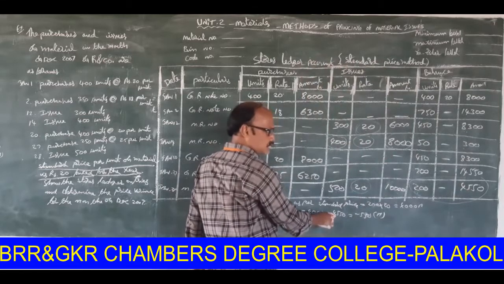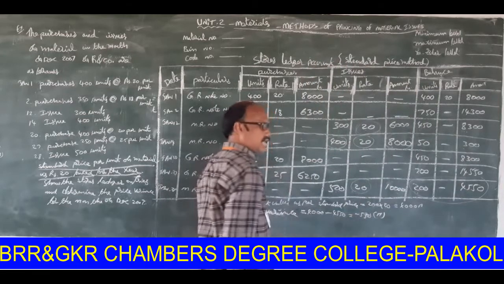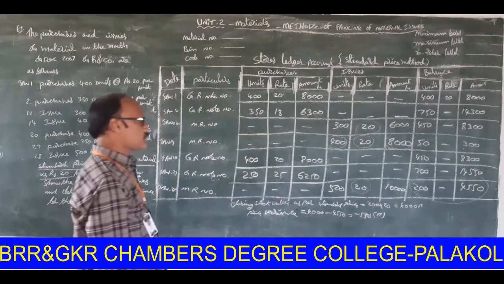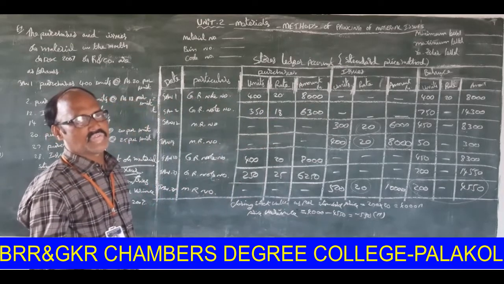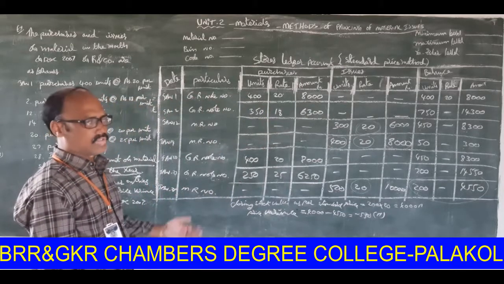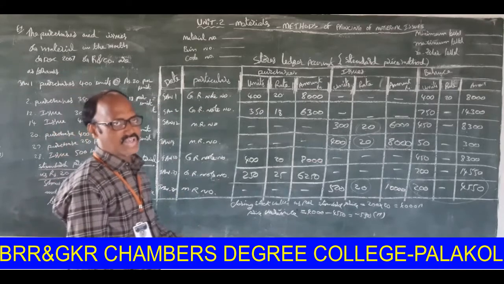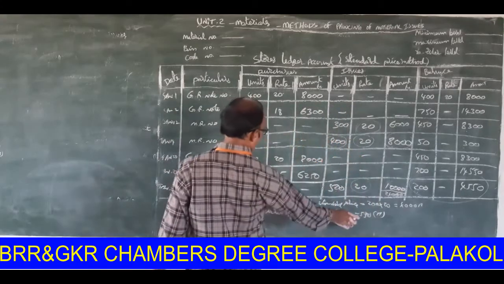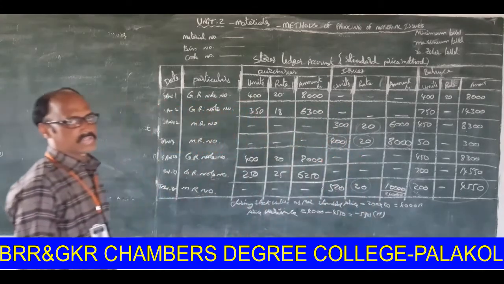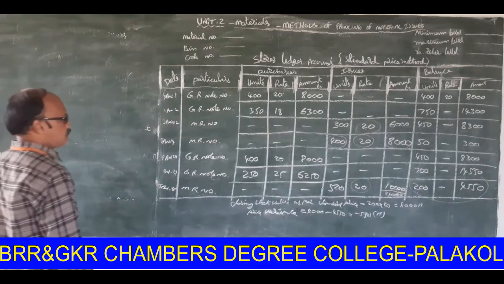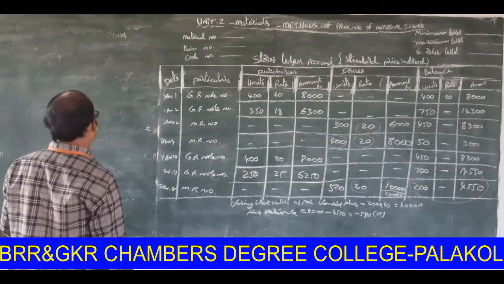So the price variance shows the minus balance, 550 is adverse. Then the following journal entry is required. Calculation of price variance: the following journal entry is to be passed.